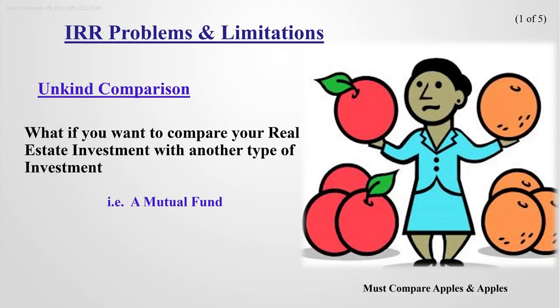I'm sure you've heard the saying that you must compare apples and apples. It is wrong to compare apples and oranges. By the same token, it is wrong to compare a real estate investment and a mutual fund or stocks and bonds. At least through the eyes of the internal rate of return or the IRR, it is wrong. These investments are like apples and oranges.